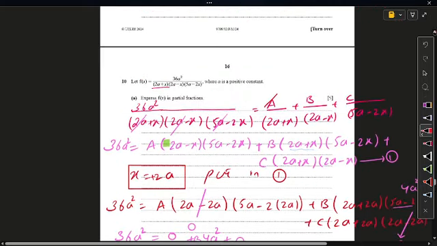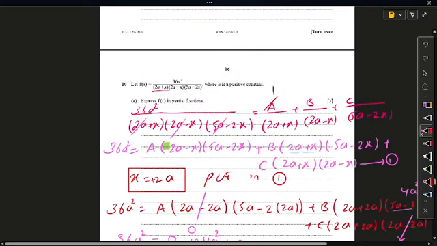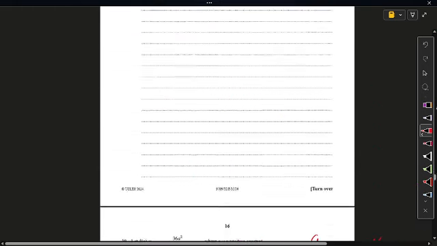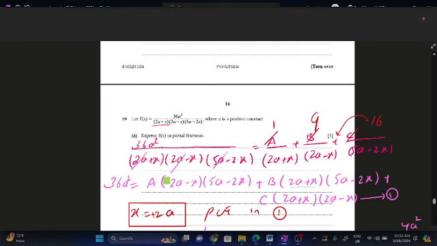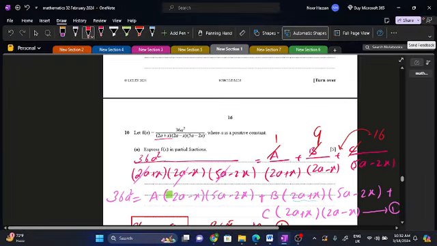So at the place of a you will write 1, b value seems to be 9, and c value seems to be minus 16. So your final expression would reduce to 1 over 2a plus x plus 9 over 2a minus x, plus minus would be shifted over here, so minus 16 over 5a minus 2x. That will be the final answer of that partial fraction part.